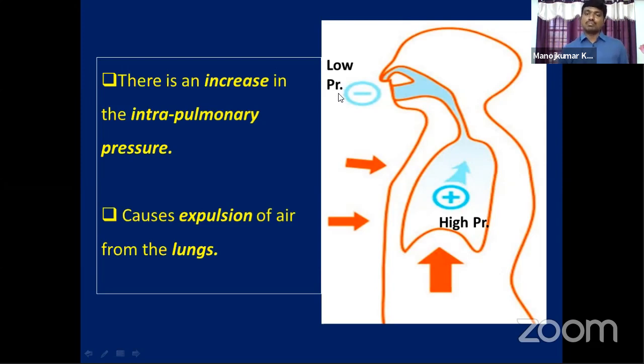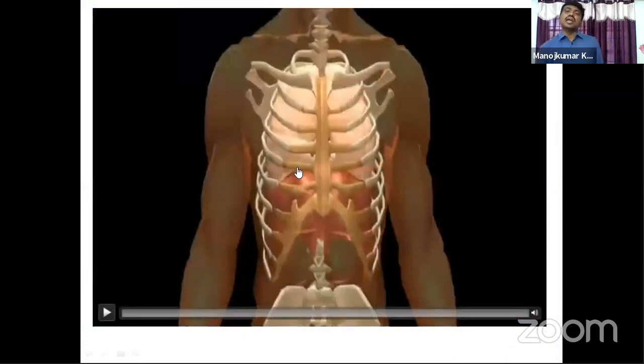Outside the body, lower pressure. So higher pressure to lower pressure. Now see this arrow mark. This is how the air moves out of the lungs. The air is expelled out of the lungs, which is called expiration.